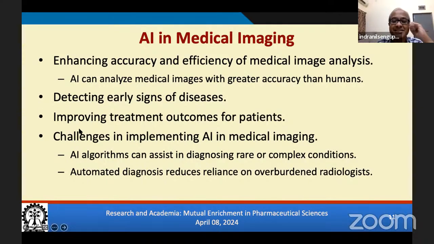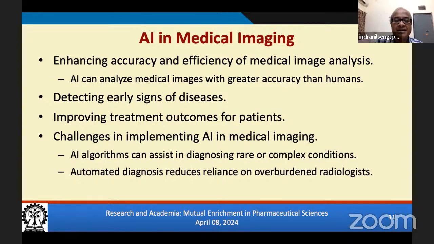So, in that sense, the accuracy and efficiency of this kind of medical image analysis can be much higher as compared to what humans can do. These are important for detecting early signs of disease. Okay? And obviously, for treatment outcomes, some kind of recommendation can be given that this kind of treatment should be carried out.